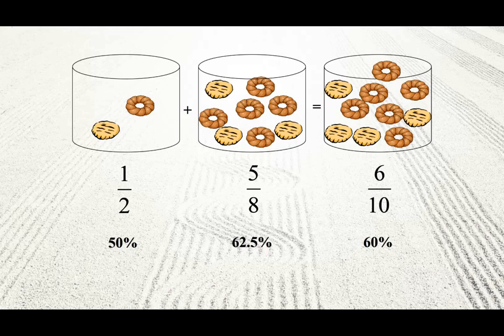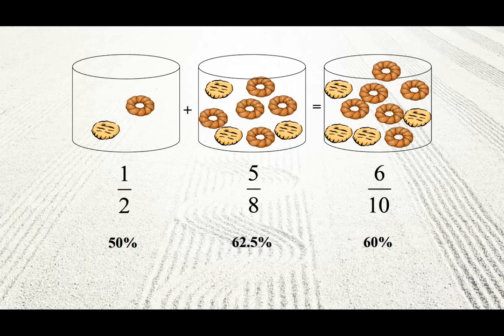If you combine these two, it's not going to be more than 100%. This is 60%. So if you mix 50% and 62.5%, the combination is going to be in between these two.